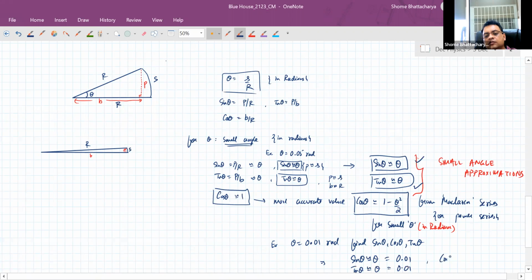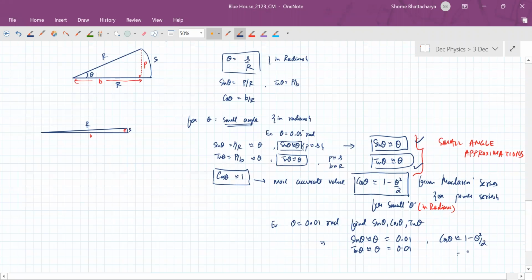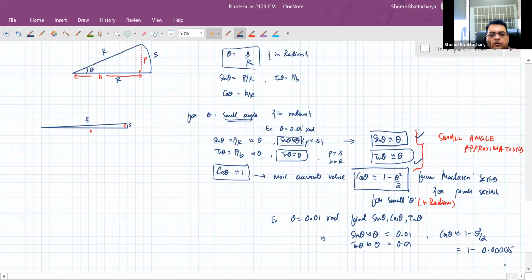But cos theta will be 1 minus theta square by 2, which in this case will be 10 raised to minus 4 divided by 2, 0.00005. So you can see it's almost equal to 1 only. It's 0.99995, right? Cos theta will be like this.